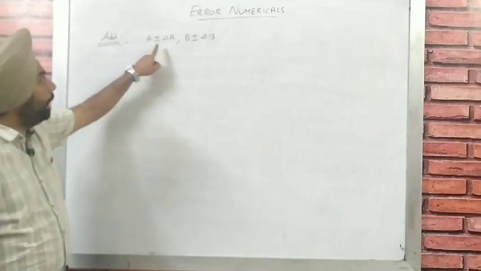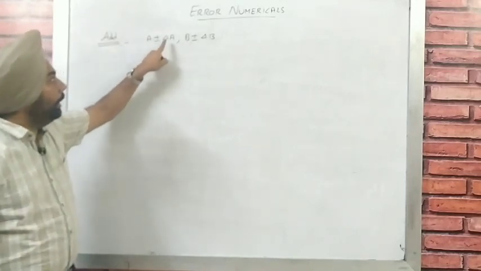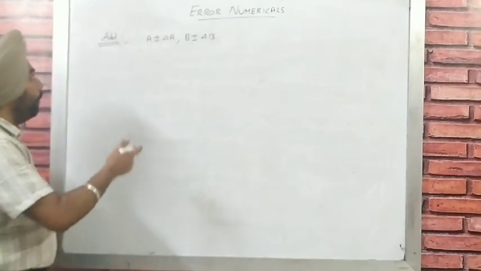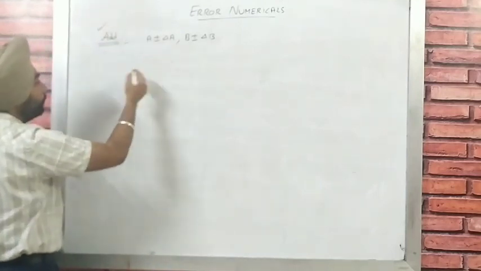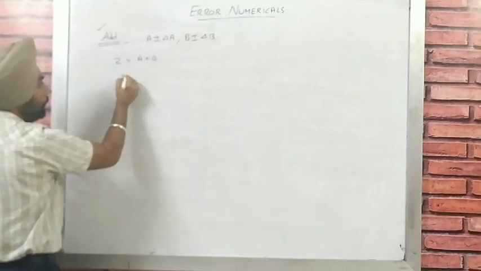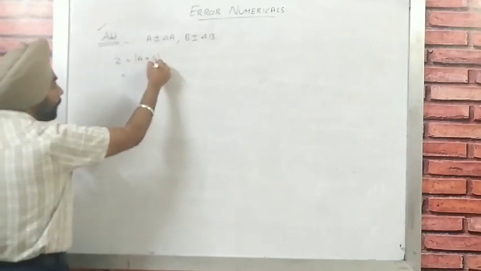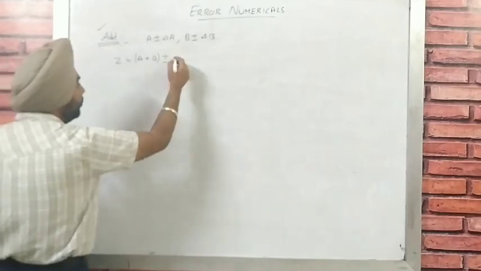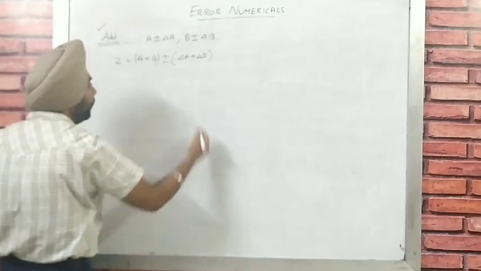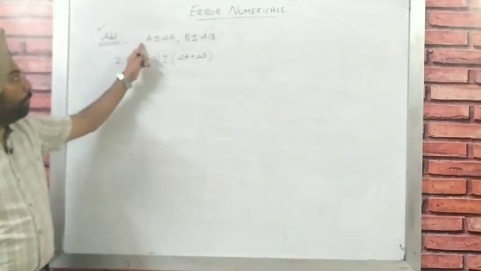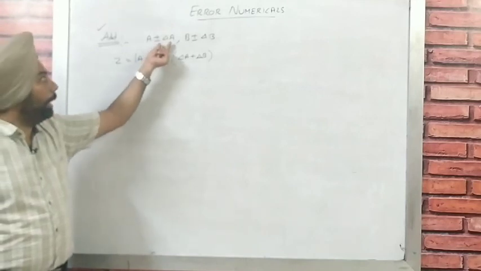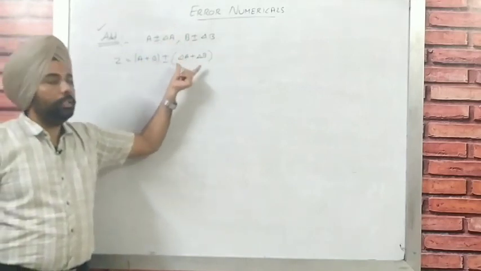Here a and b are the true values and delta a and delta b are the absolute errors. Now if you want to find out the sum of that, the answer is going to be simply a plus b plus minus delta a plus delta b. So which means the true values are going to be added in true value and the absolute errors are going to be added in absolute errors.